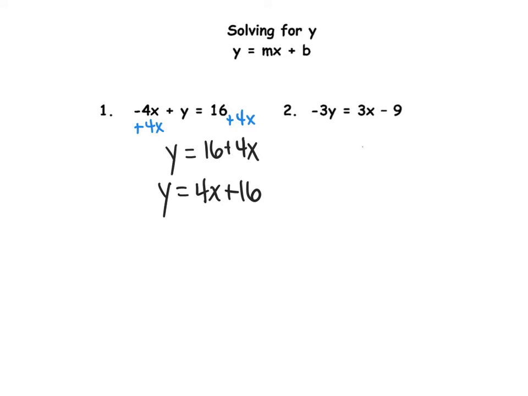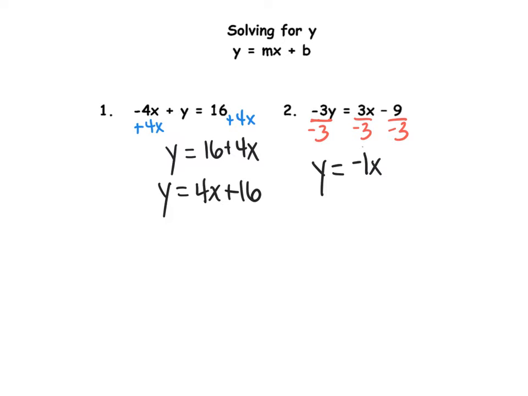Number 2. I only have to do one thing. What's that one thing I have to do? Divide. Divide what? Everything. Watch out for the 9. Watch out now. Okay. Help me. 3x divided by negative 3. Negative x. Negative 1x. Do you want to just put negative x?